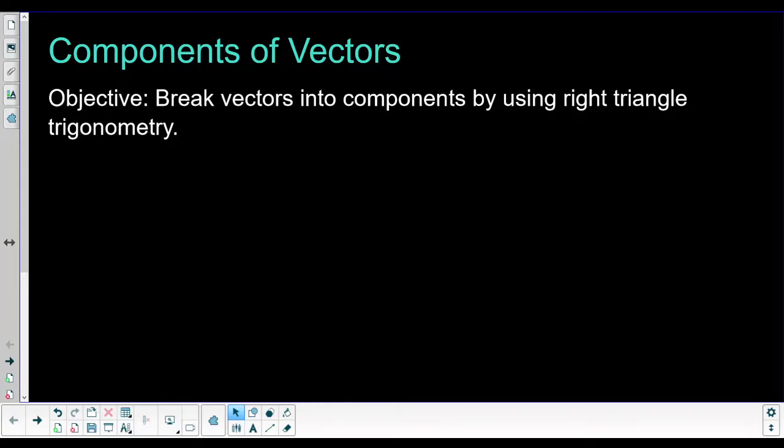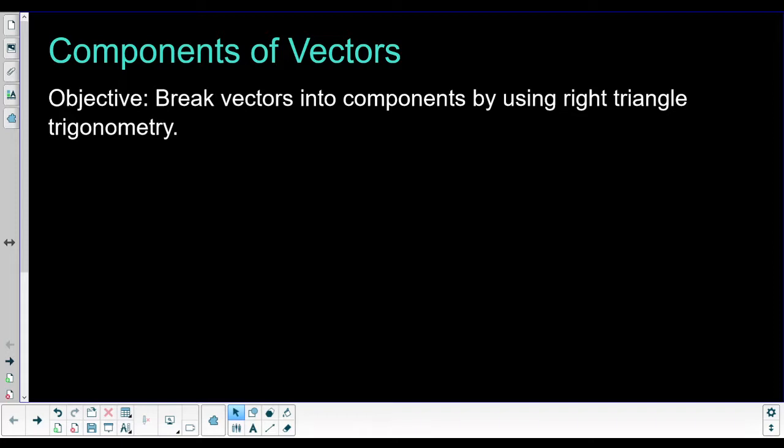Until now, I've done my very best to avoid having to look at things that are pointing in two directions at the same time. And this is kind of hard to do, right? It's hard to avoid it for too long because so many things in real life tend to be at some goofy angle.